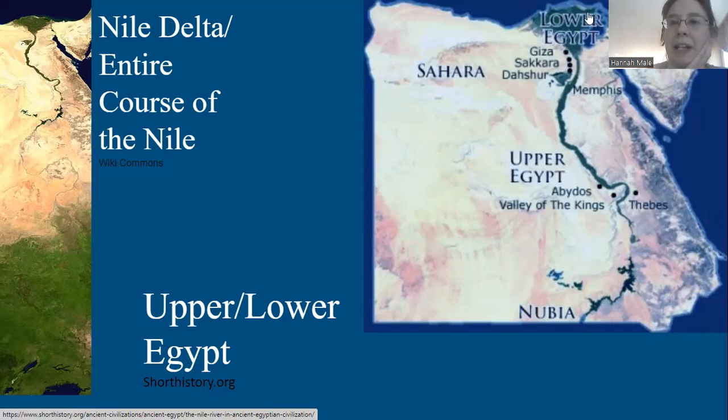This is Egypt's delta, the most fertile region of Egypt. This is where a lot of the Old Kingdom royal funerary remains and burial grounds are. So we have Giza and Saqqara and Dashur. Modern Cairo is somewhere in here.